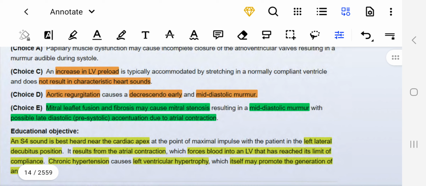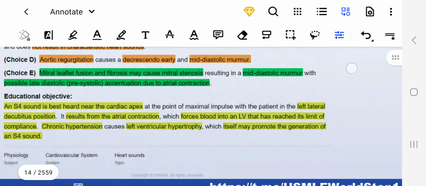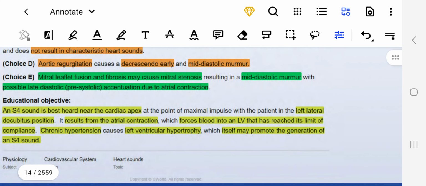So this is important: an S4 sound is best heard near the cardiac apex in the left lateral decubitus position. It results from atrial contraction, which forces blood into the left ventricle that has reached its limit of compliance. Chronic hypertension causes left ventricular hypertrophy, which itself may promote the generation of an S4 sound.